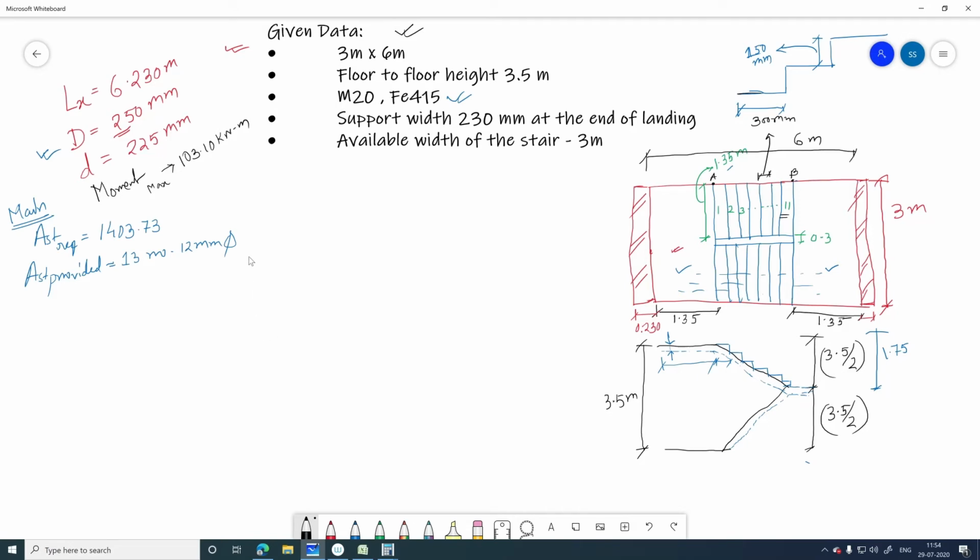Now the first check that we will perform is the shear check. For that we will go to clause number 40.1 of IS 456 2000, where we need to determine tau V, that means the nominal shear, and tau C, that means the design shear.